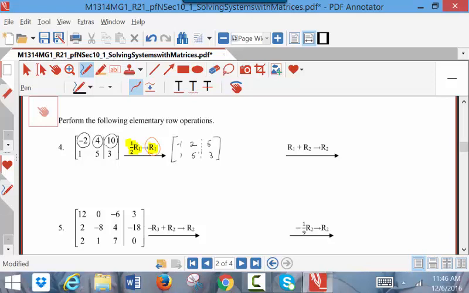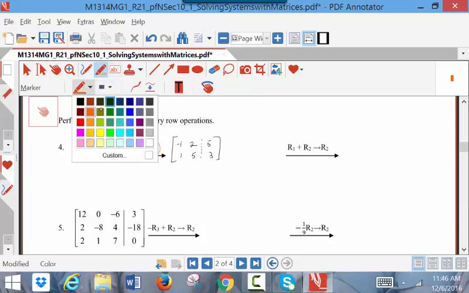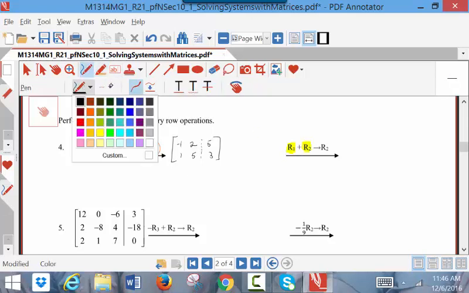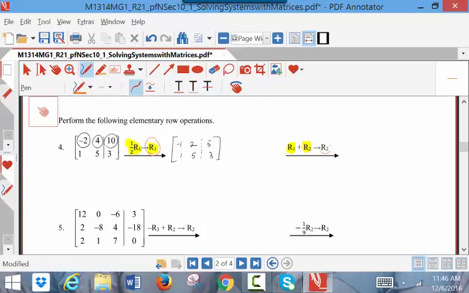Now it wants me to take this matrix and continue with it by taking row 1's numbers, adding them to row 2's numbers, and putting the result back into row 2. So now row 2 is changing, not row 1, so I'm going to keep my row 1 the same, knowing I'm getting ready to change row 2.